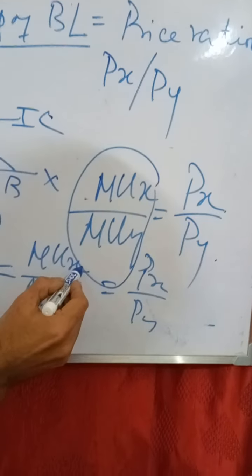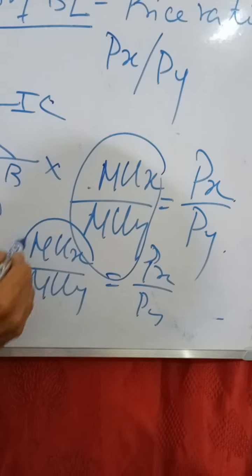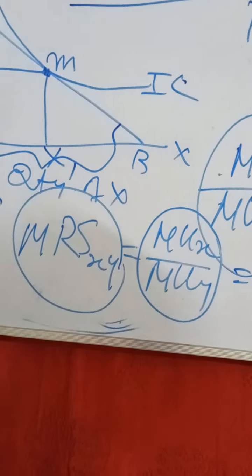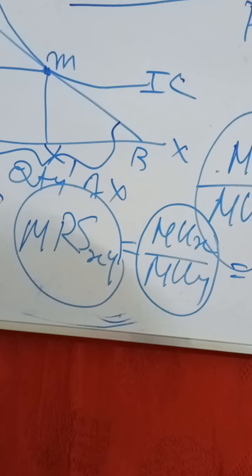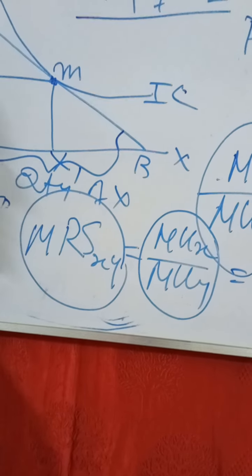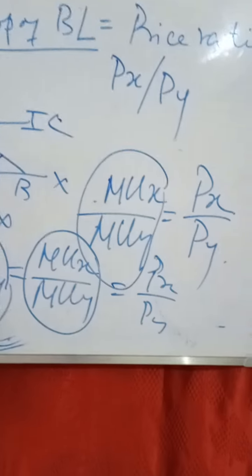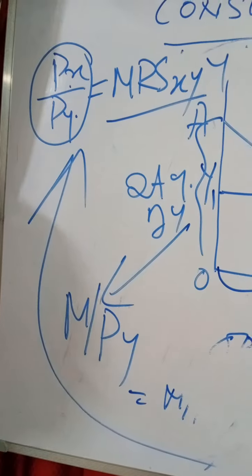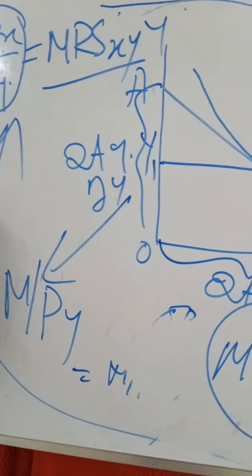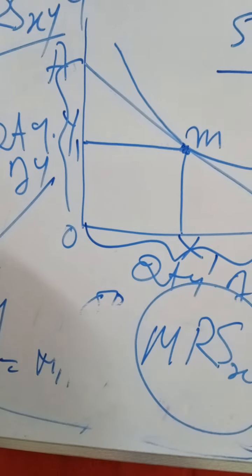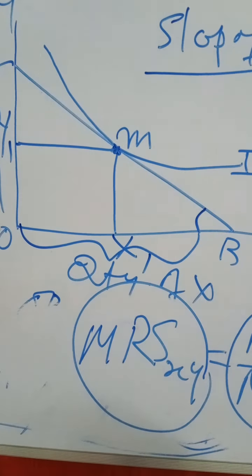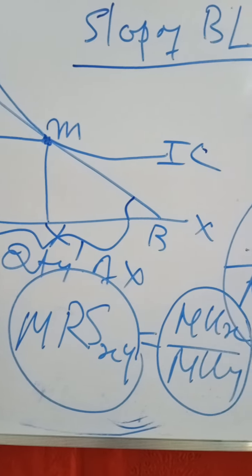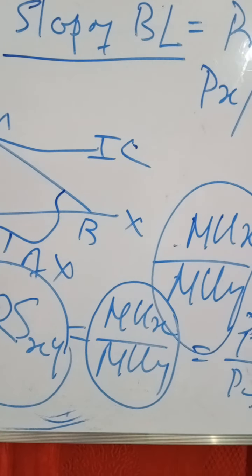Now, this is done by Marshall and this is done by Hicks and Allen. Due to certain limitations of the law of equimarginal utility, and one of the important limitations is that utility cannot be quantitatively measured, that is, utility is not cardinally measurable, Hicks and Allen invented the indifference curve technique to analyze and establish consumers' behavior and consumers' equilibrium.